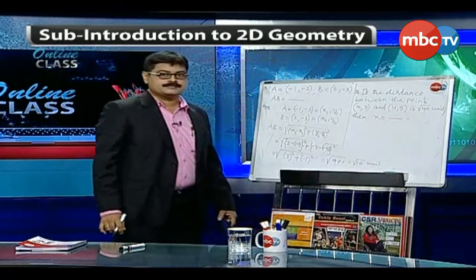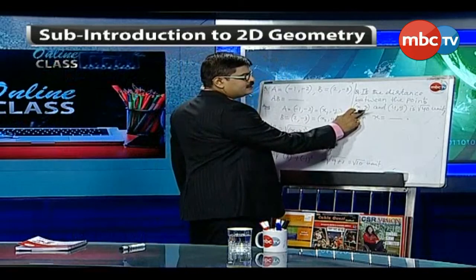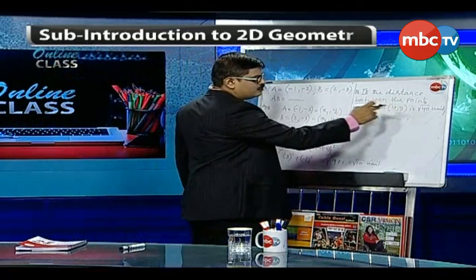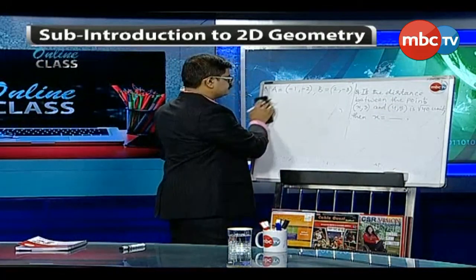What is the value of x? The distance between (x, 3) and (4, 5) is root 40 units. Then what will be the value of x?